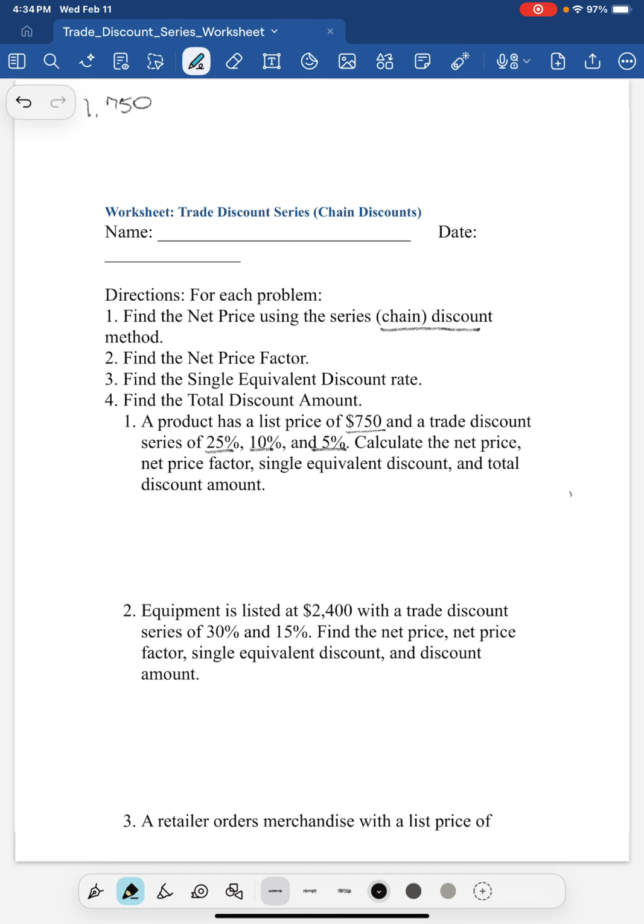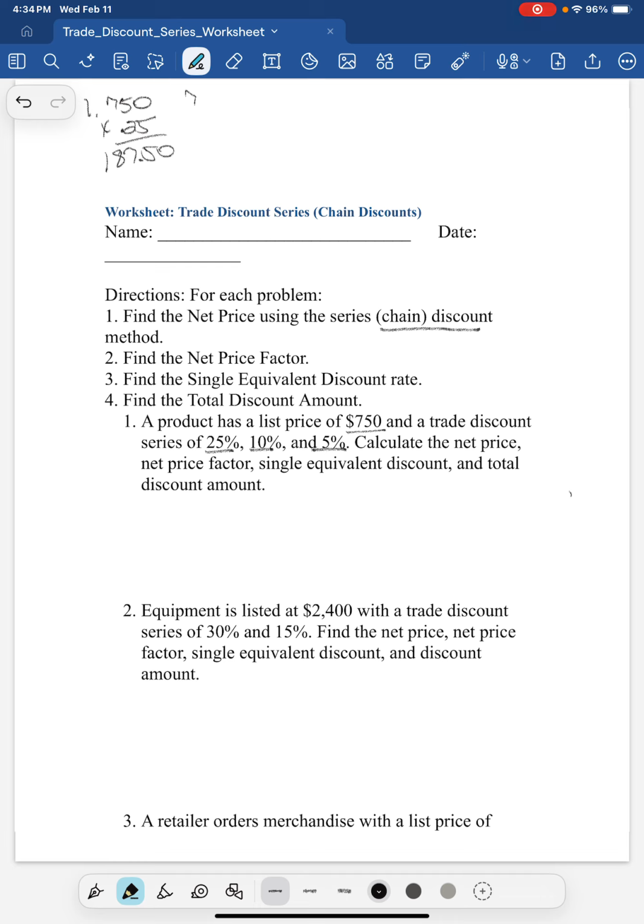You have $7.50, and the first in the series is 25. So you multiply $7.50 by 0.25, and you get $187.50 as your discount amount.